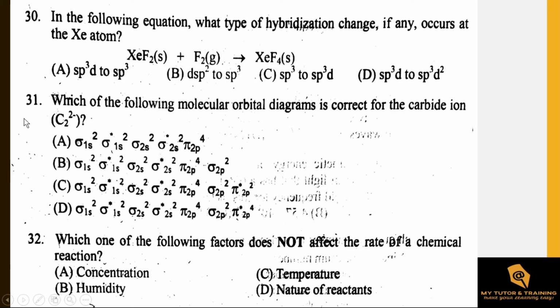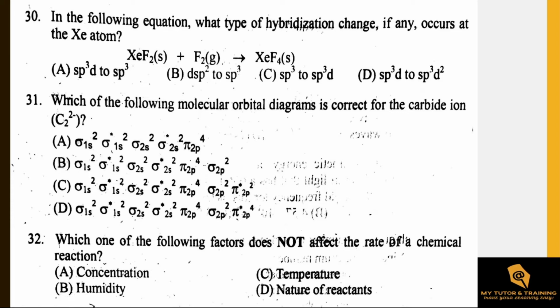Question number 31. Which of the following molecular orbital diagrams is correct for the carbide ion? Carbide ion means C2 with 2 minus charge. For an atom with fewer than 14 electrons, or 14 electrons, how is the electron configuration arranged? Sigma 1s, sigma star 1s, sigma 2s, sigma star 2s, pi 2py and pi 2pz, and after that sigma 2px comes. Looking at that order, which is the correct one for question 31?